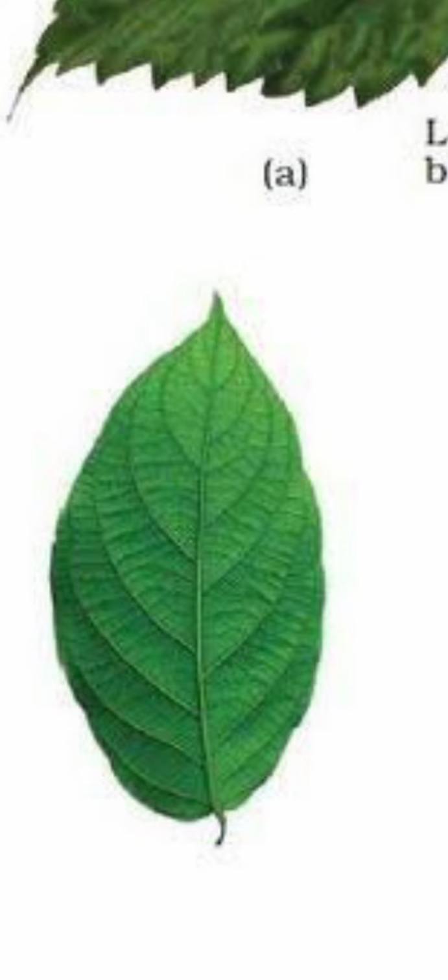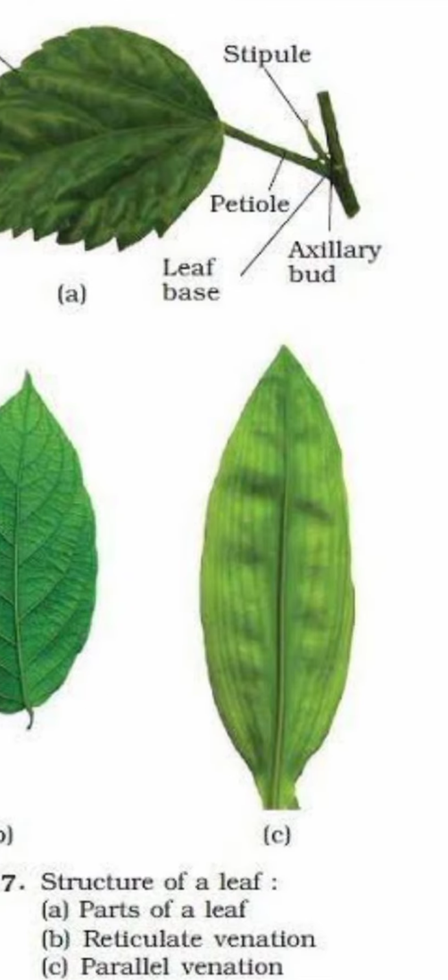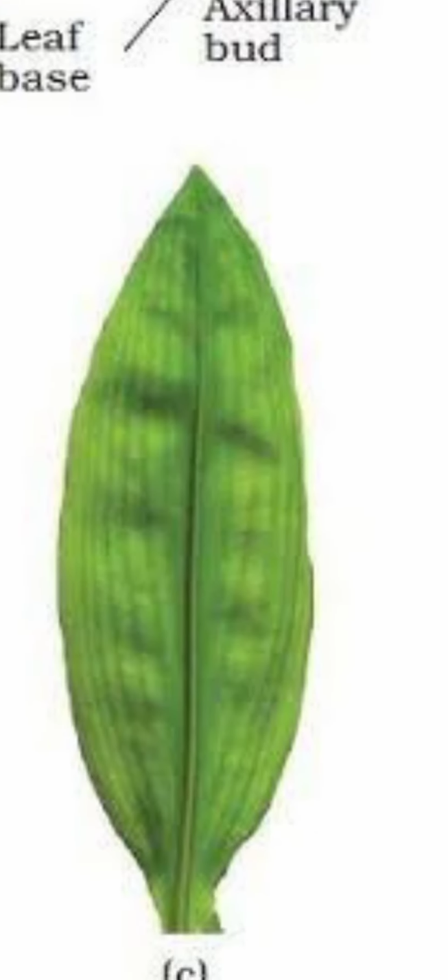Such venation is found in dicotyledonous plants, okay? Whereas in monocot plants it is parallel venation. There is no network, the veins run parallel to each other. This is called parallel venation, which is seen in monocot plants.